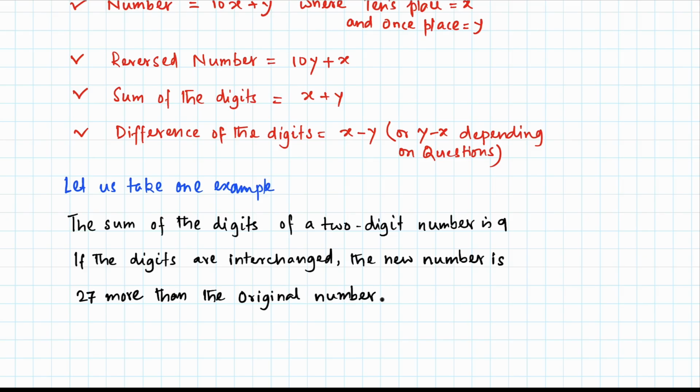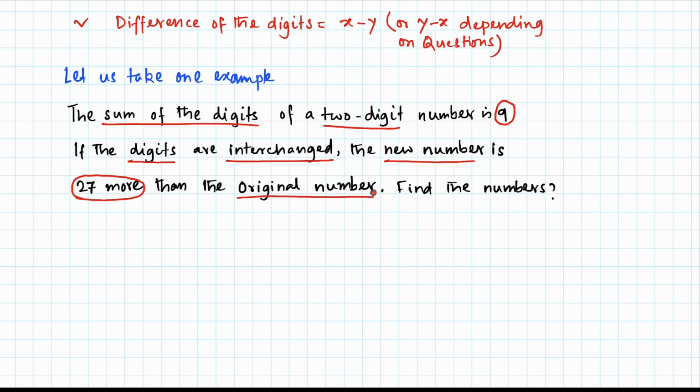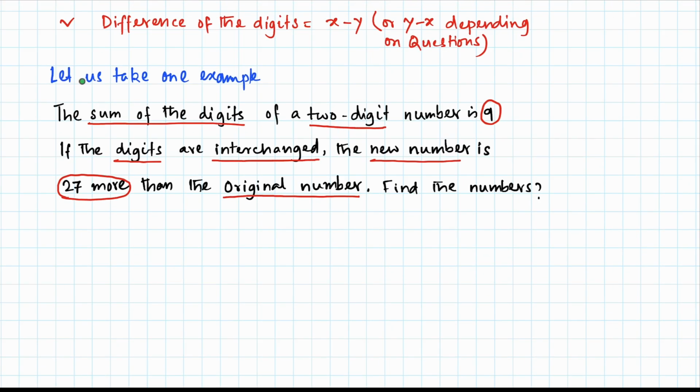So this is the problem given. You have to very carefully understand the language of the problem, because in the language of the problem everything is given, and if we have clarity of the statement, we can easily frame the equations and then solve the problem. So: sum of the digits of a two-digit number is 9, the digits are interchanged, and the new number is 27 more than the original number. These are some of the important terms we should always look for in the statement.